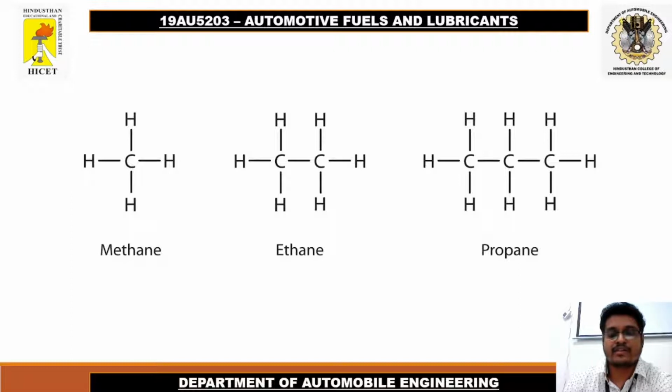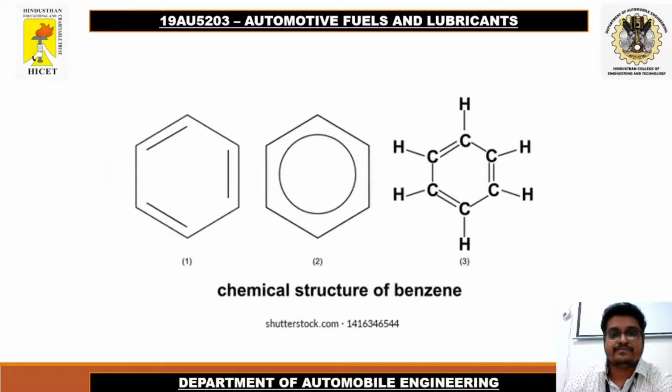Likewise, propane has three carbon and eight hydrogen atoms. This type of molecular structure comes under paraffin, where you can see it is a straight chained molecule. Next, this is the chemical structure of benzene.